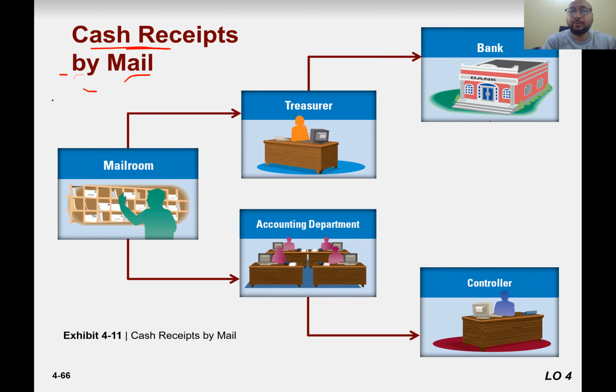Now, cash receipts by mail. If you receive a check through mail, you must segregate the responsibility. Those who are responsible for depositing the check into the bank must be a separate person from those who are recording the checks. Otherwise, you are creating chances for fraudulent activities, right?